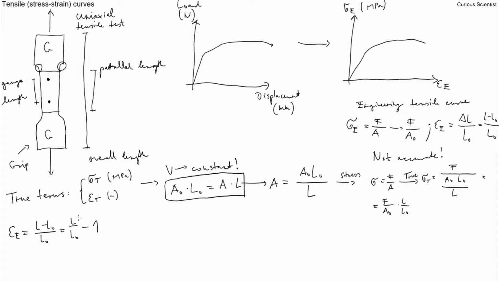Why do we use this? First of all, because we can calculate the true stress in a more elegant way, which is basically the following. We can use this expression minus 1, and I guess you see the difference, but we can write like this: F over A0 times epsilon plus 1.